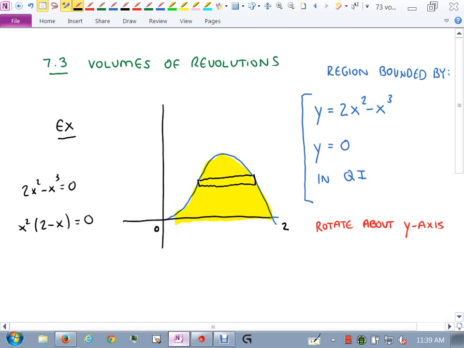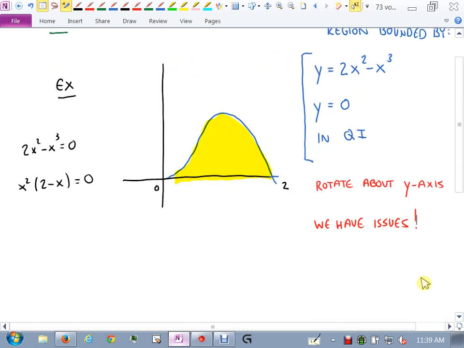I can define the top and bottom pretty easily. Agreed? All right. So this is a problem. We have an issue here. So I'm going to put under here: we have issues, big time issues that have nothing to do with calculus, right? We need to figure this out.